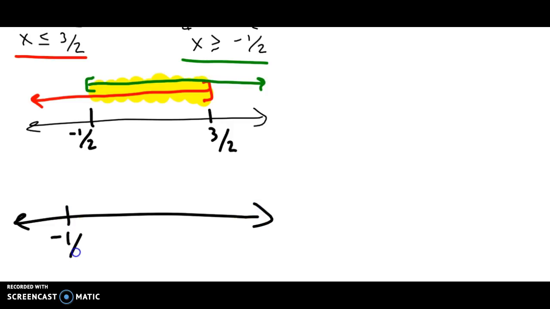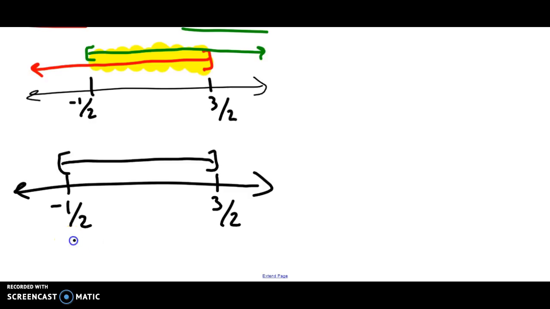It'll be negative 1/2, 3/2, and it'll include here looking like this, which means my interval notation would read negative 1/2, comma, 3/2 with a hard bracket.